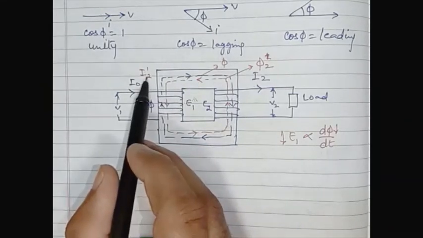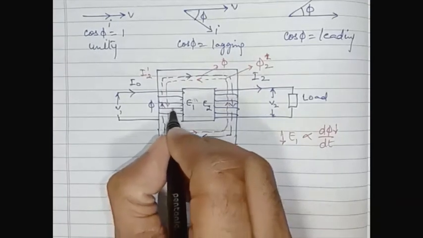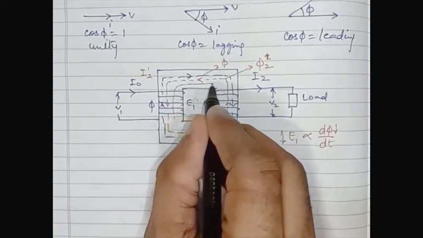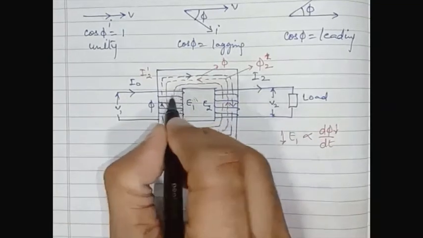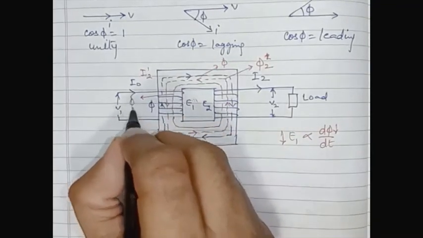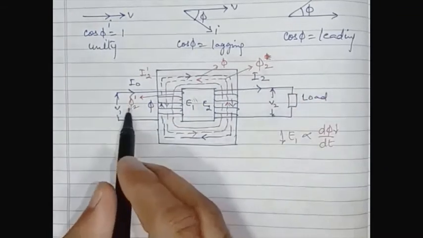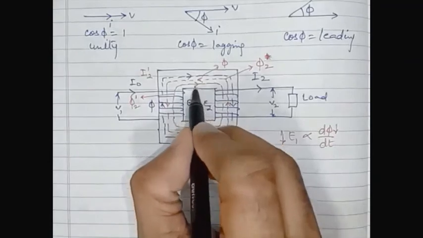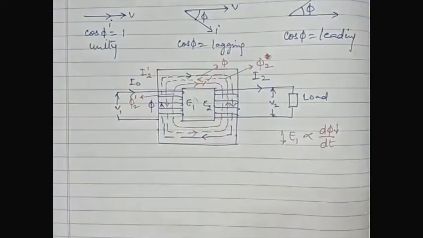When I2 dash flows into the primary winding, another flux phi 2 dash is produced, which is in phase opposition to phi 2. So both fluxes neutralize each other.